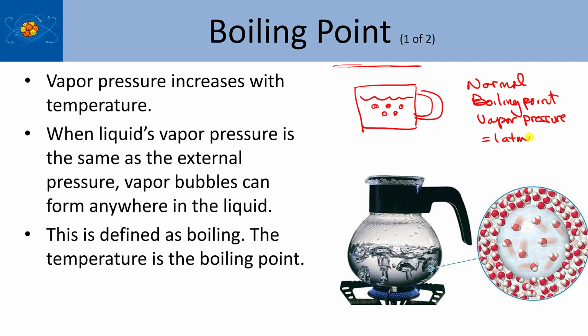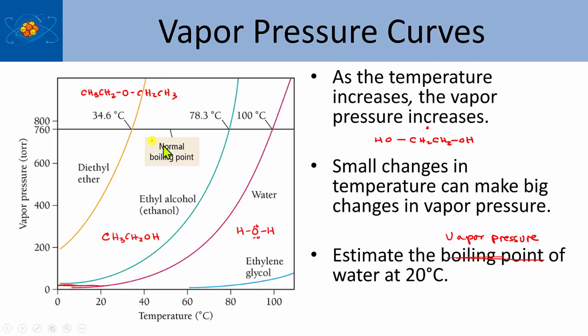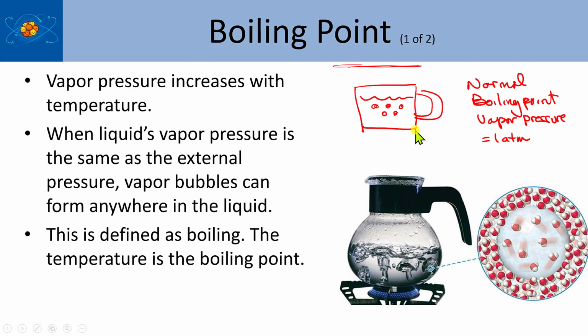And recently, I think that's been redefined as something that's very close to an atmosphere, so most of us just stick with an atmosphere. It's a unit called a bar. But yeah, the normal boiling point is when the vapor pressure of the liquid reaches 1 atmosphere. So the normal boiling point for diethyl ether is 34.6, ethyl alcohol 78.3, and water is 100 degrees Celsius. And like I said, ethylene glycol is out here around 200 degrees Celsius. I think it's 197 or something like that.